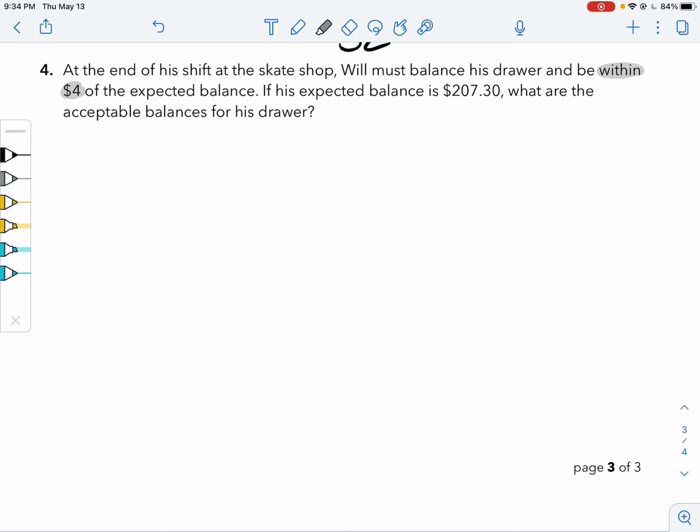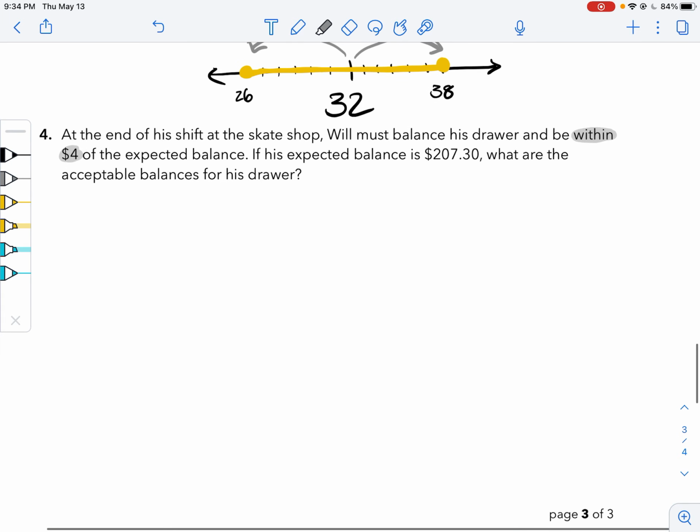So according to the calculations on the cash register, we expect that he has $207.30. So how much is Will allowed to have in his drawer? He's allowed to have some errors in case there was petty change, or he dropped a quarter or whatever.